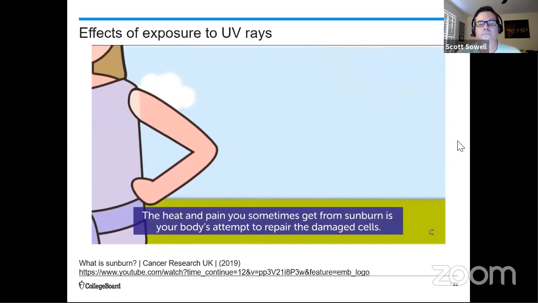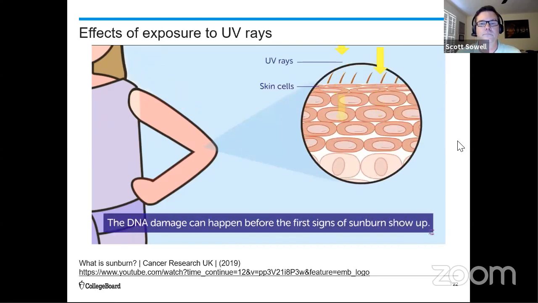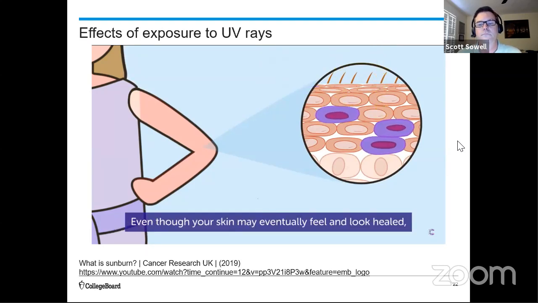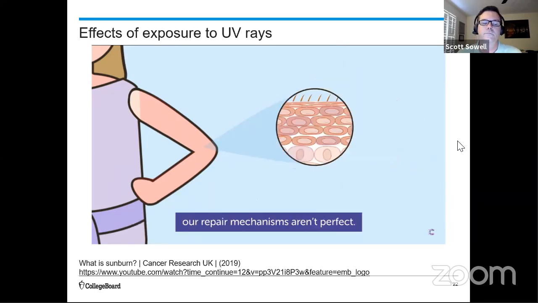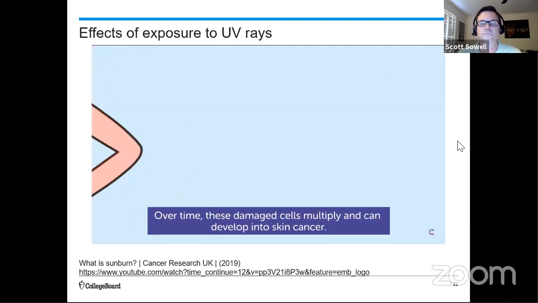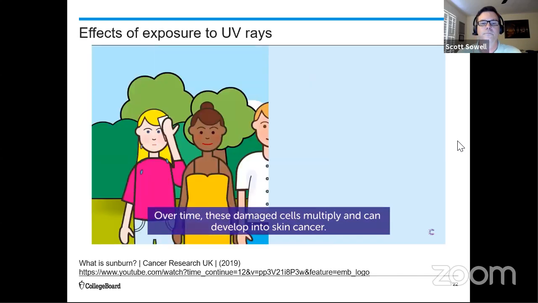The heat and pain you sometimes get from sunburn is your body's attempt to repair the damaged cells. The DNA damage can happen before the first signs of sunburn show up. Even though your skin may eventually feel and look healed, some cells with damaged DNA can be left behind because our repair mechanisms aren't perfect. Over time, these damaged cells multiply and can develop into skin cancer.